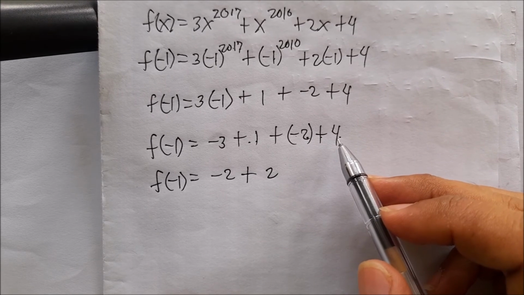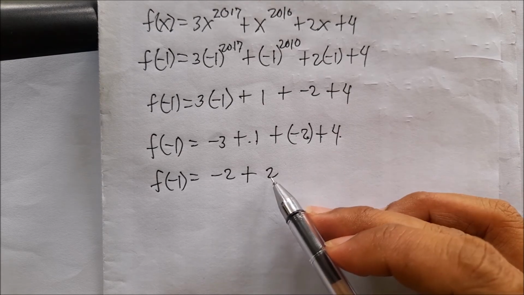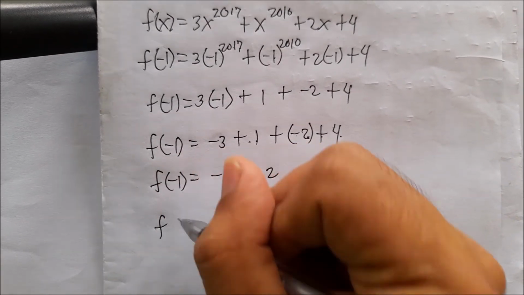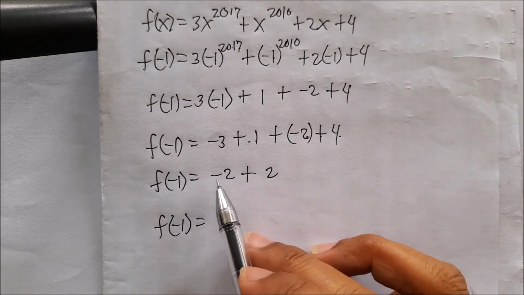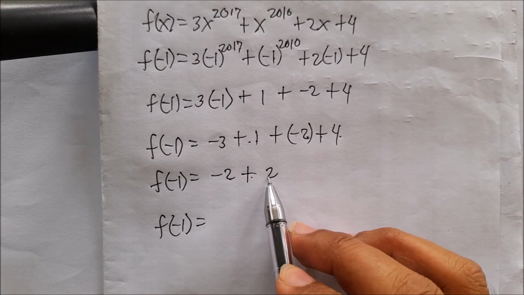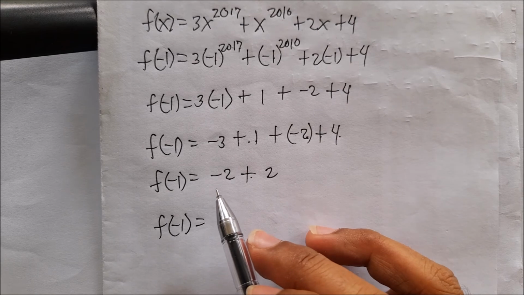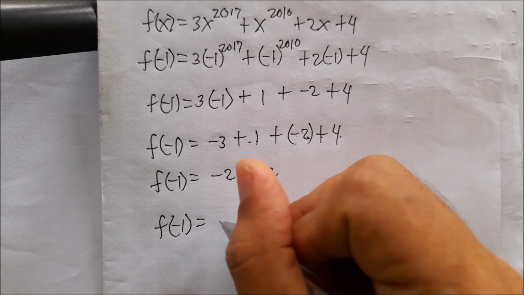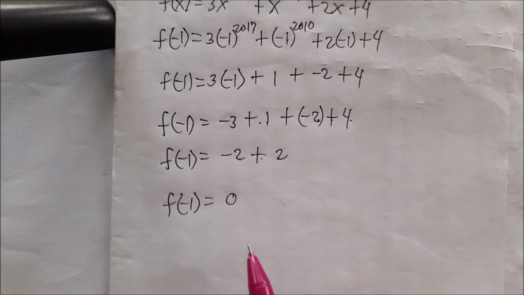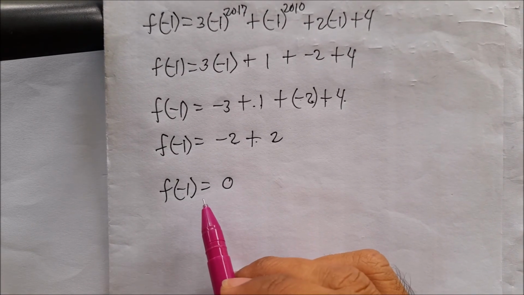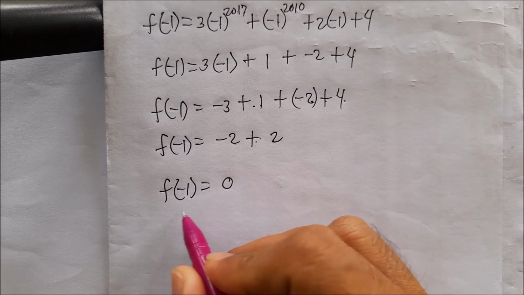Since the sign of 4 is positive, the result is positive. Negative 2 plus 2, different signs, subtract, becomes 0. So the result is f of negative 1 equal to 0.